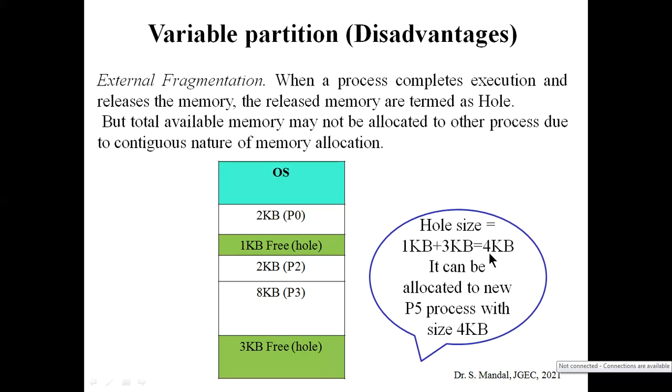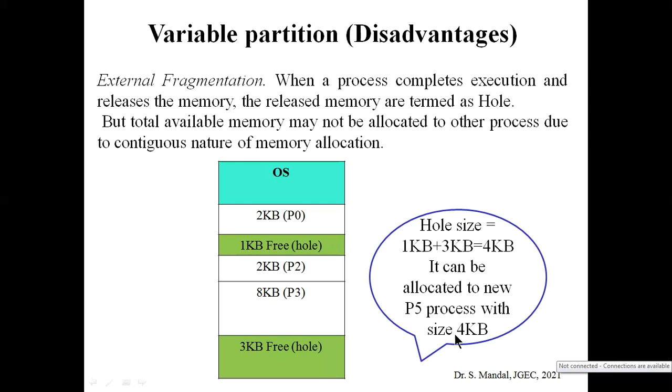But although we are using the variable partition technique, it cannot be allocated to a new process which has a size of 4 kilobytes. Suppose another new process P5 is ready to enter the main memory, and its size is 4 kilobyte. Although we have available 1 kilobyte plus 3 kilobyte, that is 4 kilobyte of hole size, we cannot allocate it to the new process.